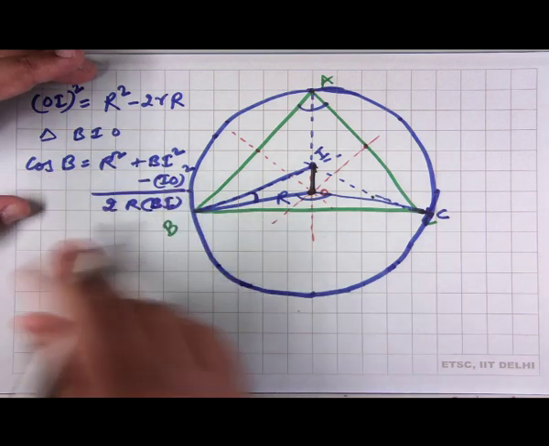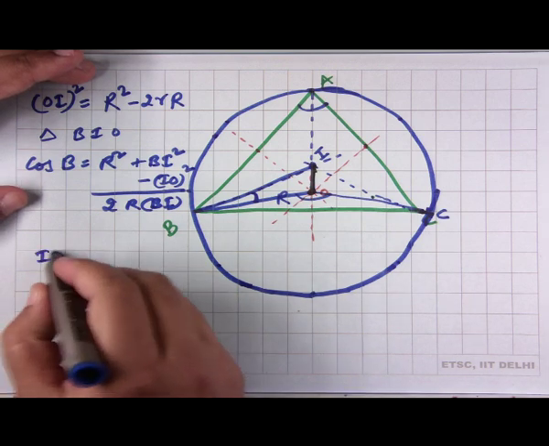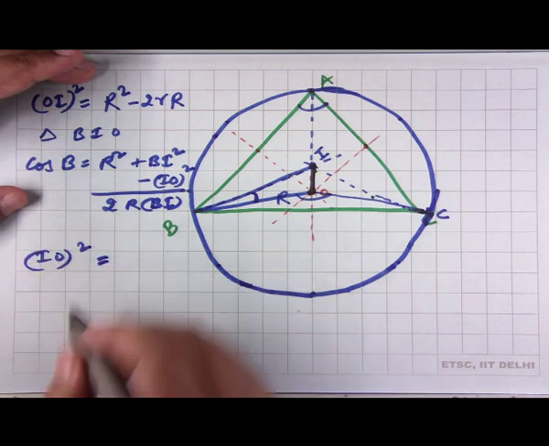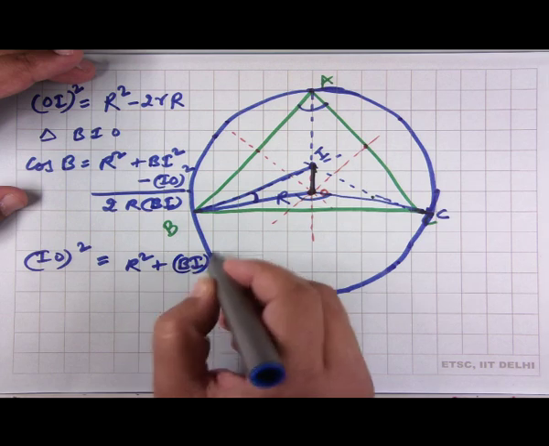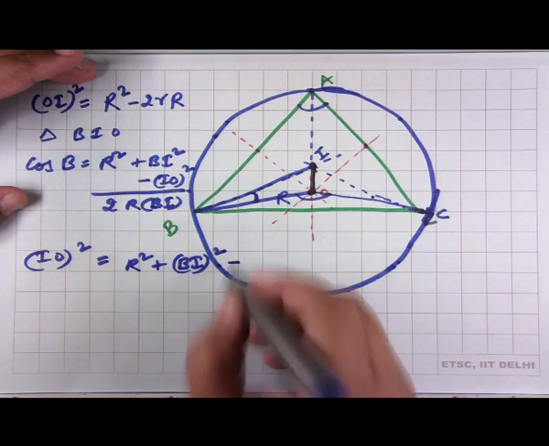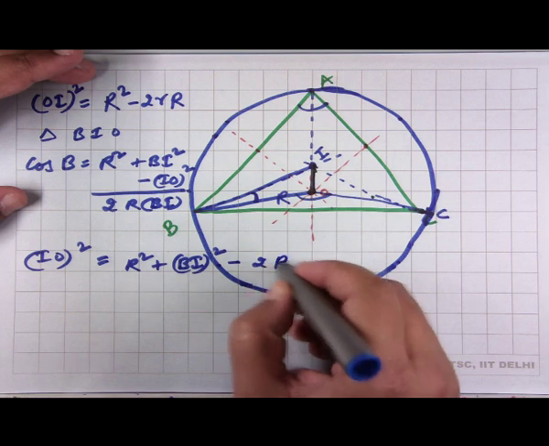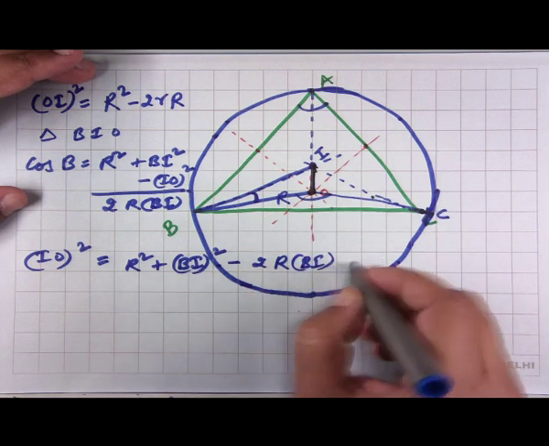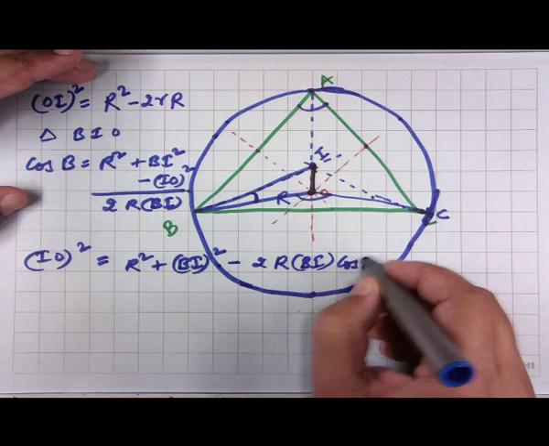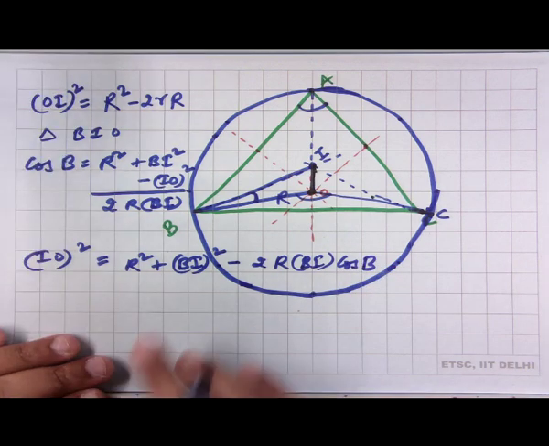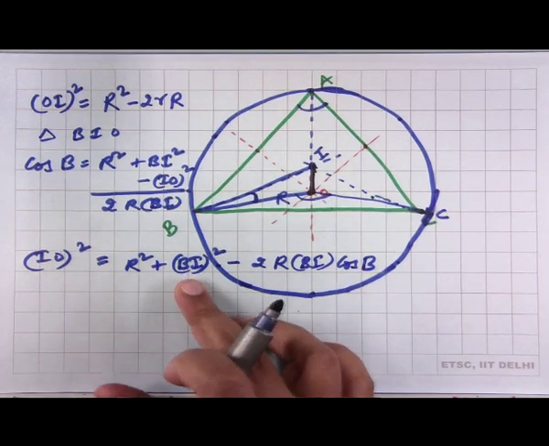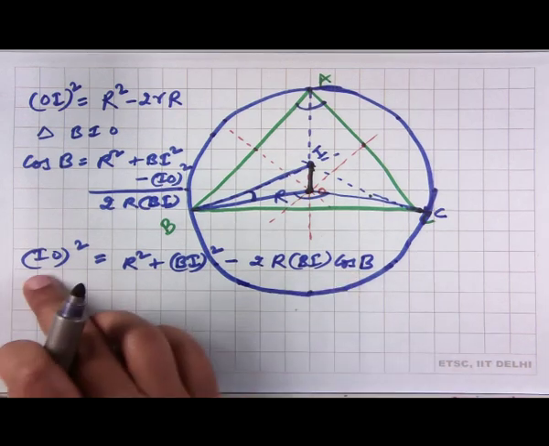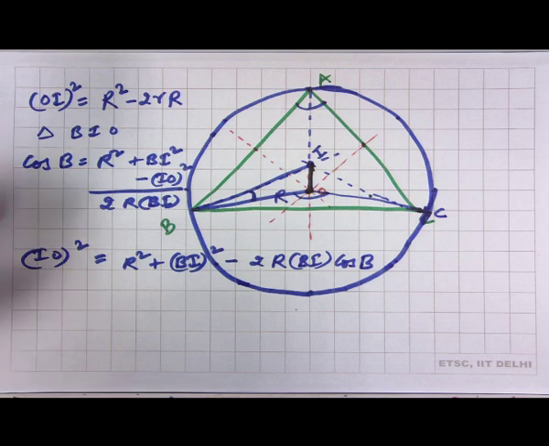BO is actually the circumradius R. And therefore, if we rearrange the terms, we get that IO square is equal to R square plus BI square minus 2 times R times BI times cos of B. So, if we are able to somehow find R, BI and cos of B, then we should be able to find IO square. That is our strategy here for solving this problem.